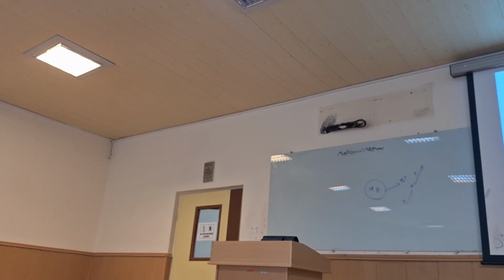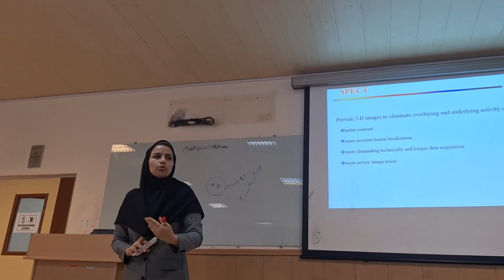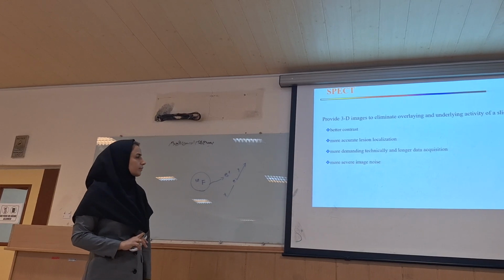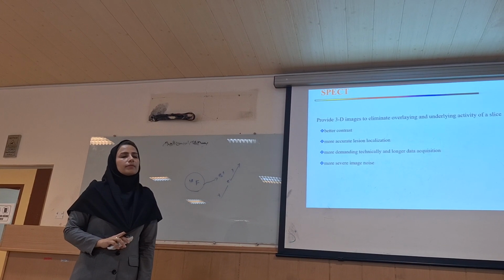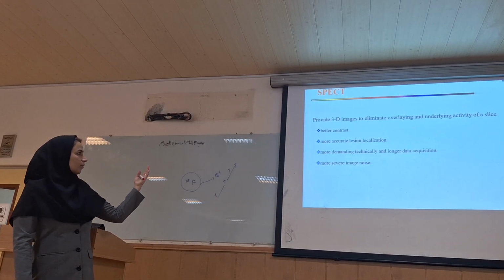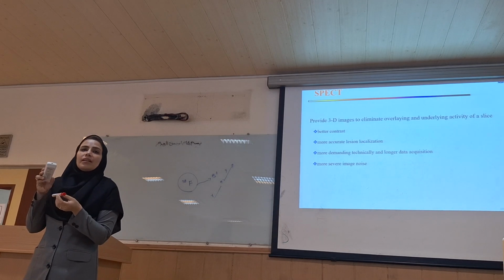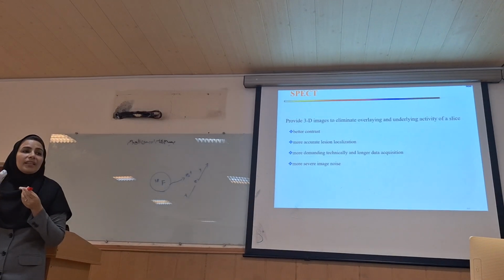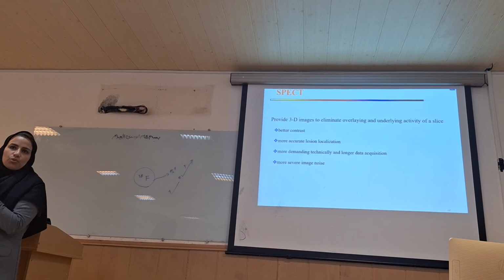Okay, what is the benefit of SPECT imaging compared to 2D imaging? I write. Because I can see the whole organs from the sides, exactly, with better contrast, and I can see the lesions directly, not superimposed with all of the tissues together.